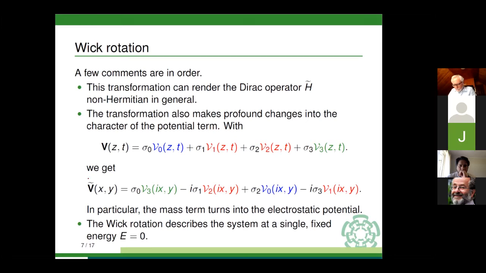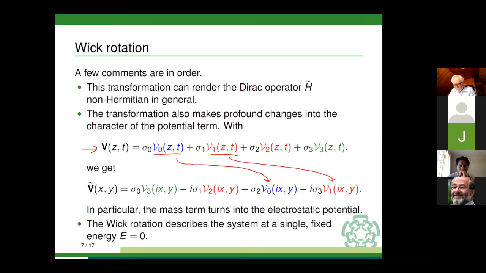We started with a potential like this, and after the transformation, the electric potential goes to a magnetic term. Here we have a magnetic term that goes to the mass term of the new system, and so on.